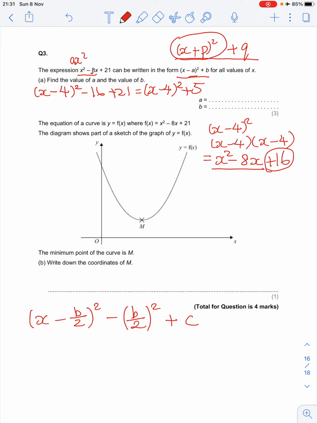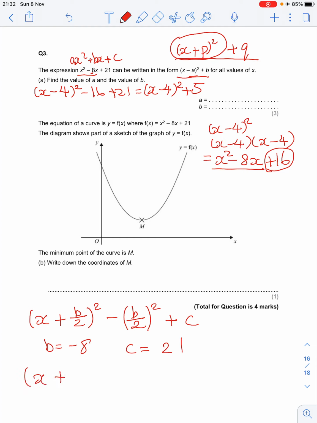Remember, this is our ax squared plus bx plus c. So b is equal to minus 8, and c is equal to 21.